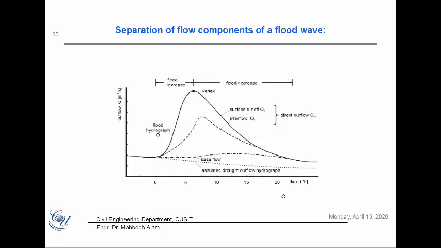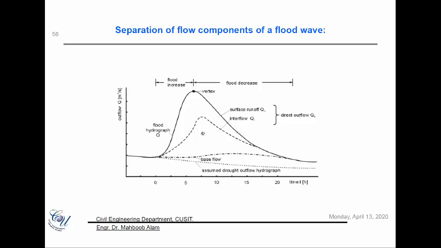There are different techniques for separating the base flow from the direct flow or the surface runoff, because sometimes we have to find out, if there is a precipitation event, what surface runoff that event is contributing. So we have to deduct the base flow out of it, so that we can know that that precipitation event alone has created that amount of surface runoff.